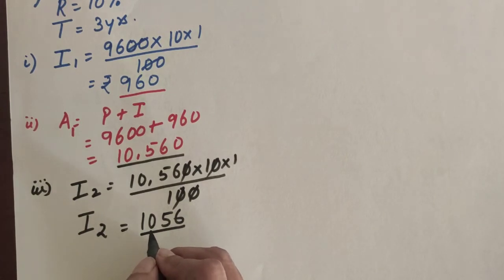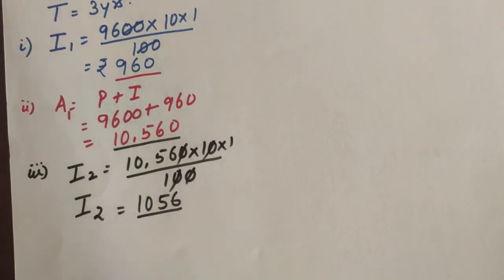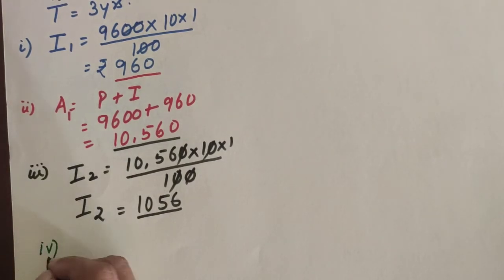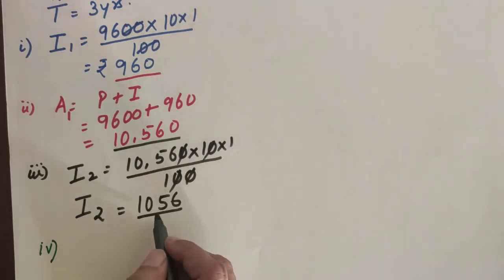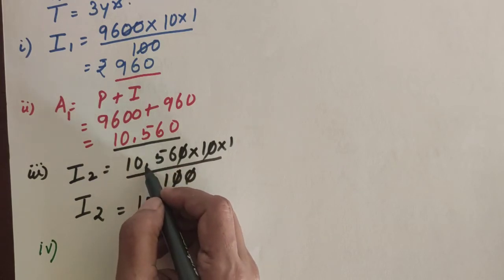Now they want the interest for the third year. To find it, you need to first find the principal for the third year. We have to add the interest we calculated for the second year to the principal that we used for the second year.